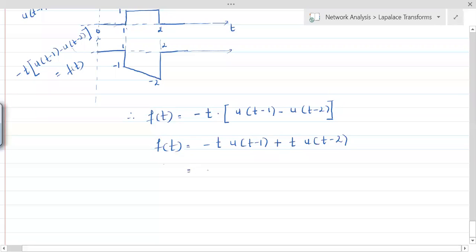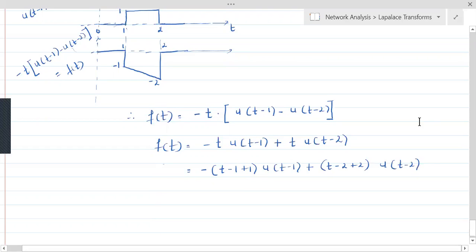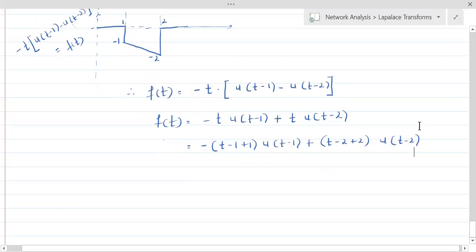So how to do that? Keep this minus out, say t minus 1 plus 1 for compensation, into u of t minus 1, plus t minus 2 plus 2 into u of t minus 2. Now break them into multiple signals.